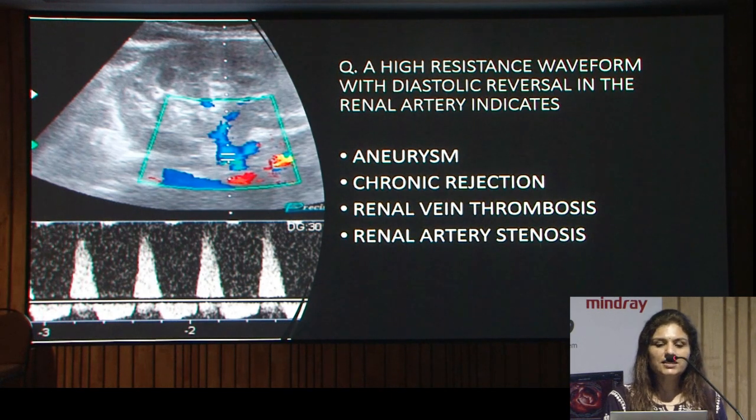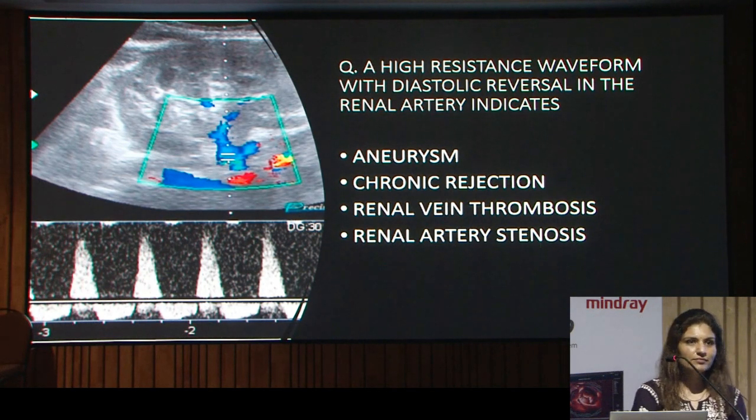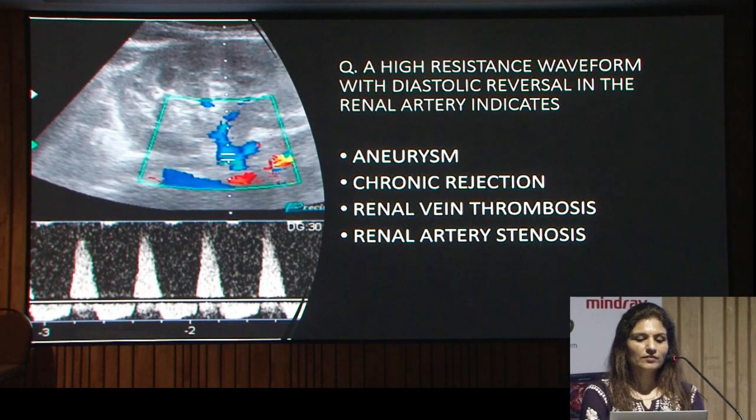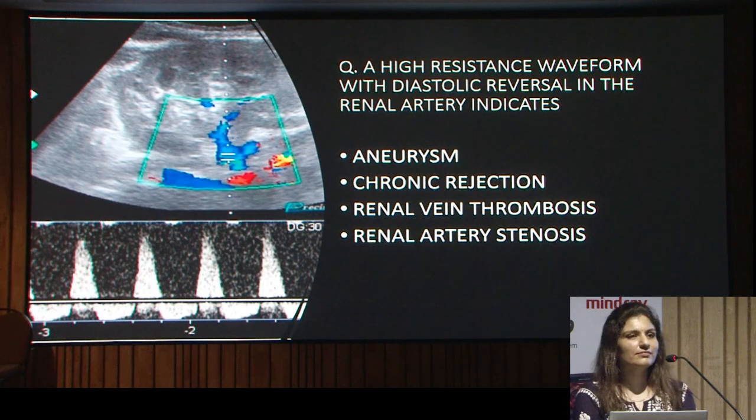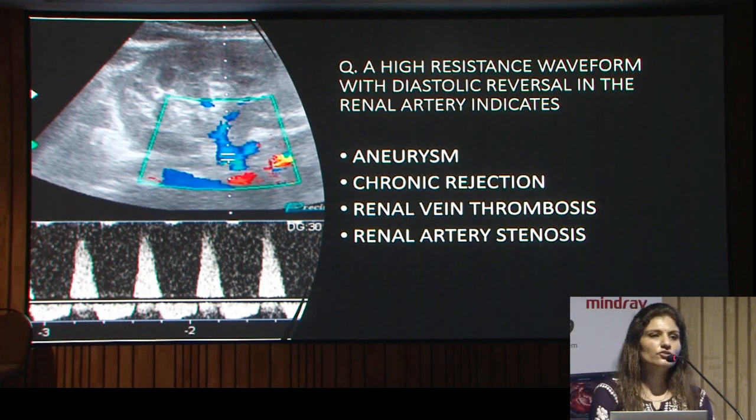A very high resistance waveform with diastolic reversal in the renal artery indicates aneurysm, chronic rejection, RVT, or renal artery stenosis. Reversal of flow in the renal artery, renal vein thrombosis, yes.